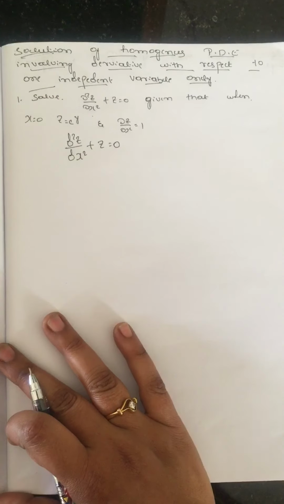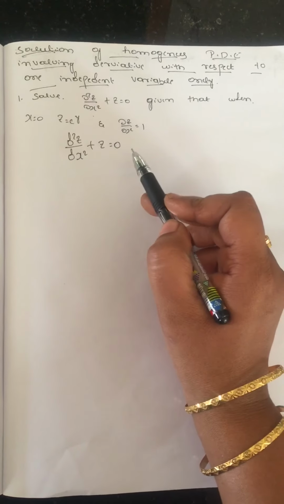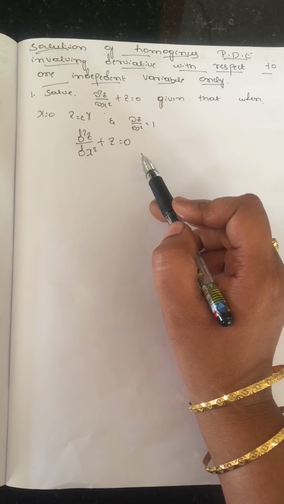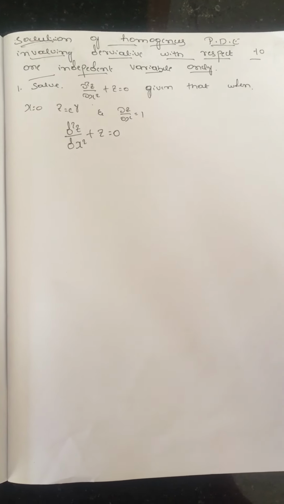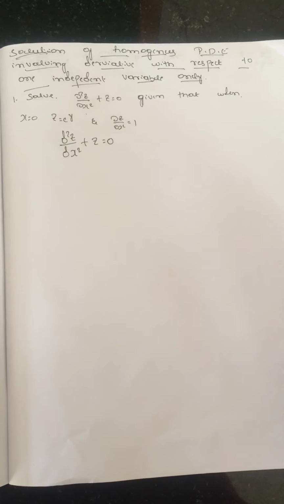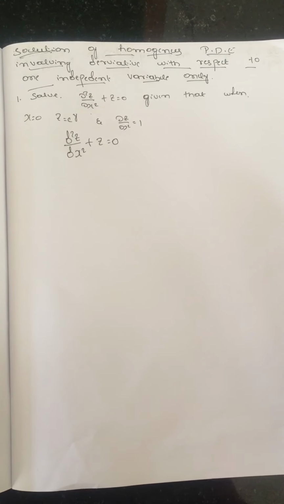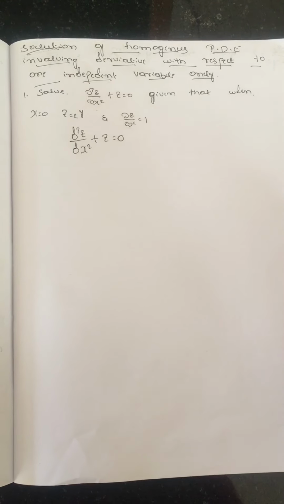Here we know there are two types, homogeneous and non-homogeneous. If the RHS value is 0, then it is a homogeneous differential equation. If the RHS is not equal to 0, it is called a non-homogeneous differential equation.